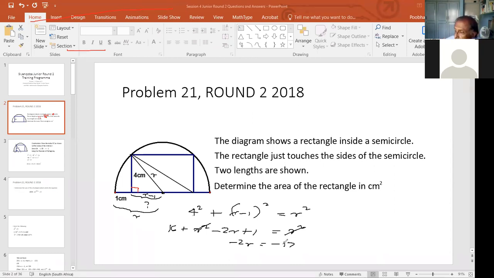And therefore, your r is equal to 8.5. Okay, so this r minus 1 will be 7.5. And then you have to double that to get the other side.